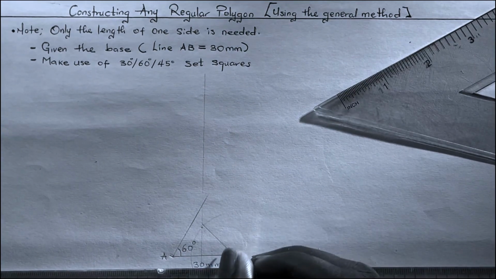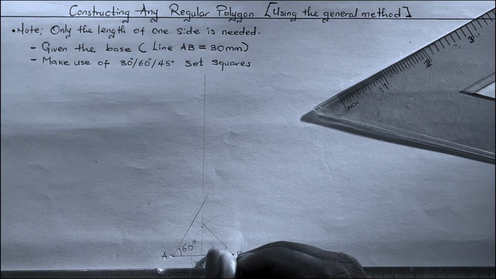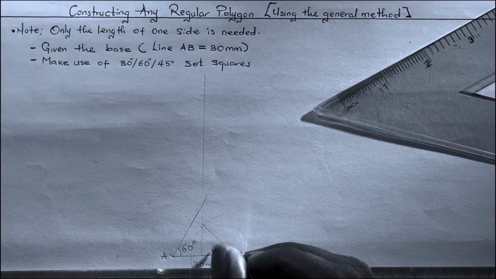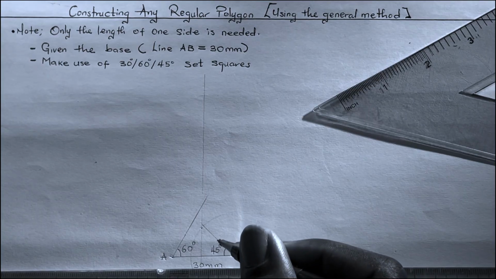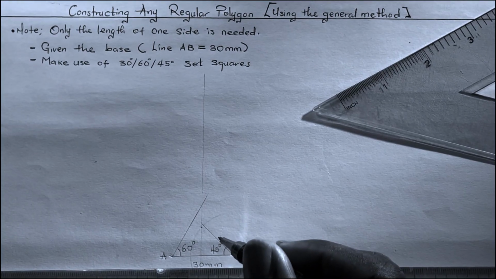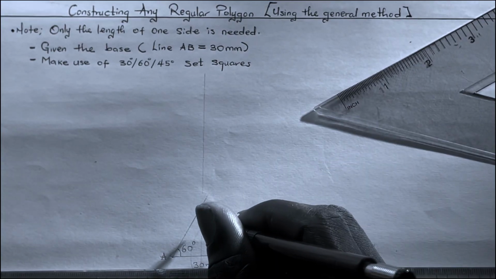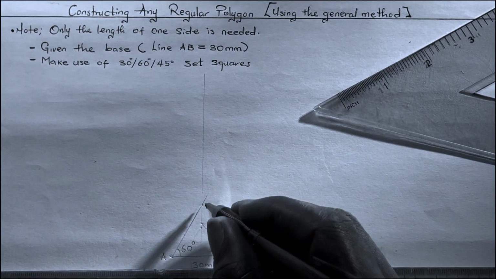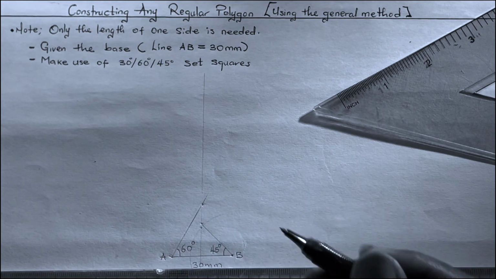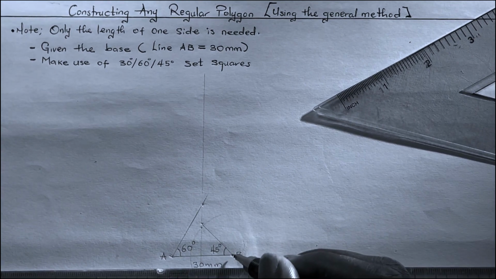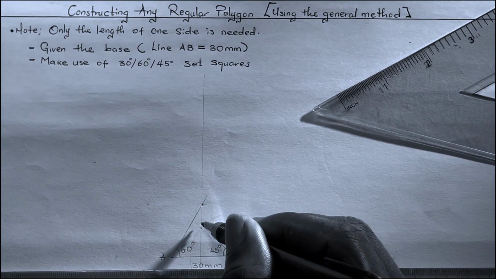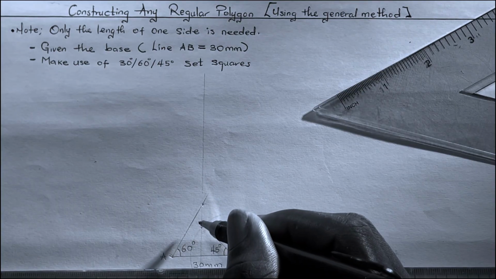So on the other side, we have 45 degrees of angle. So we have 2 points of interception on this perpendicular line. From the 60 degrees angle, we have the first point of interception, and from the second side, we have the point of interception as well.